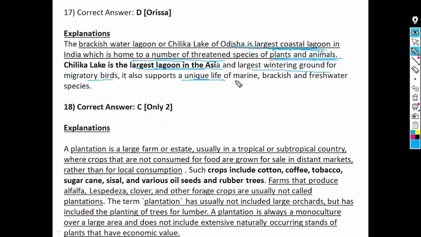It supports a unique life of marine, brackish, and freshwater species.